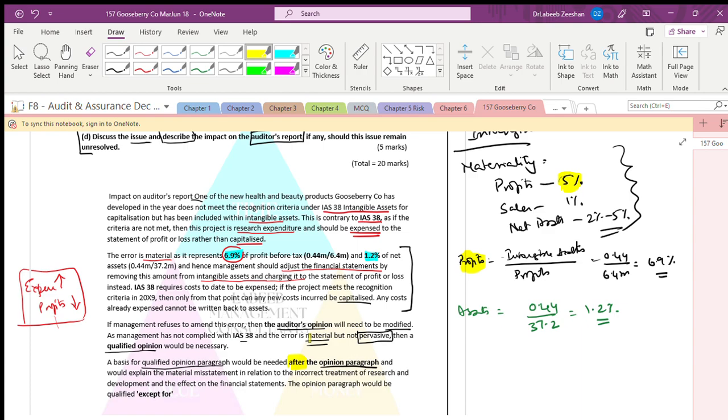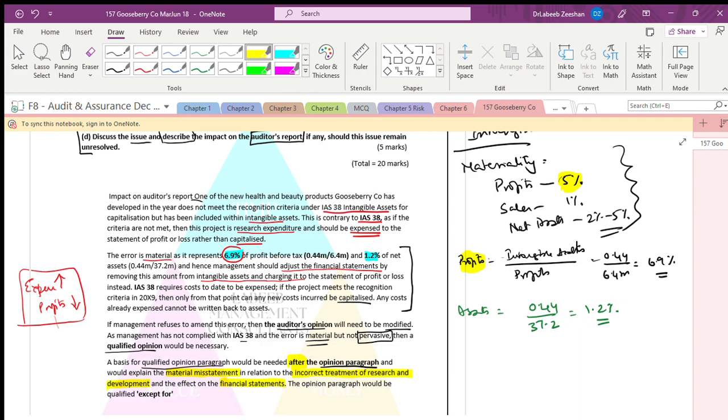In the qualified opinion, we are talking in terms of material misstatement in relation to the incorrect treatment of research and development and its effect on the financial statements.